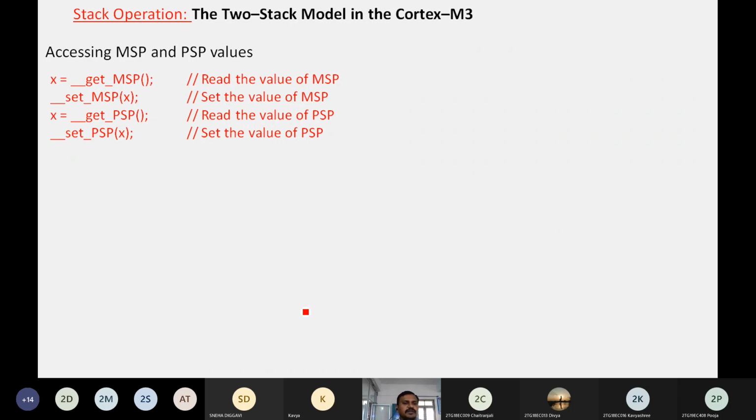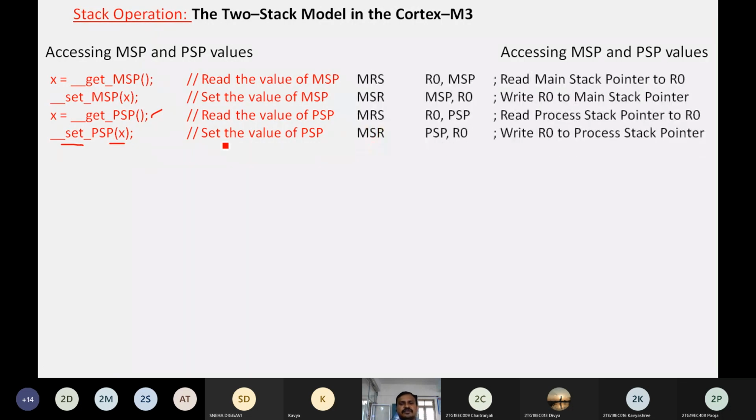To set the value of MSP, the instruction is underscore set underscore MSP with the respective value x. Similarly for PSP also, x equal to get underscore PSP for read operation, and for set operation, underscore set underscore PSP value x. For assembly instructions, it is MRS for reading, MSR for writing.